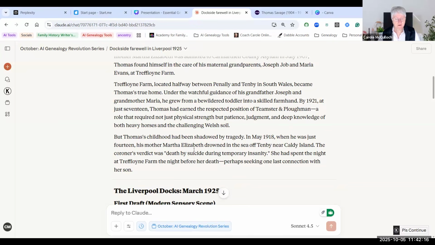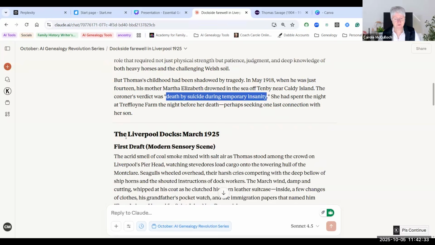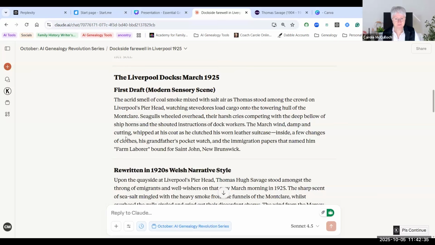She died in the sea off Tenby near Caldy Island. The coroner's verdict was death by suicide during temporary insanity. And this was 1918, a few years before his departure.